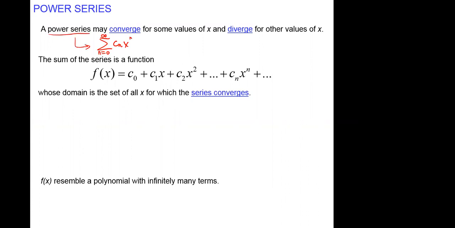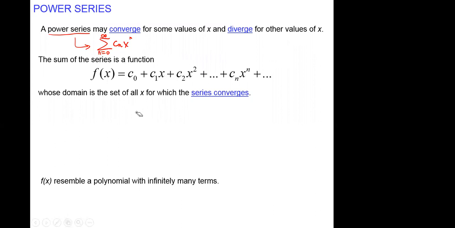But what terminology are we adding? We're adding that we can call this a function, but only if we think of the domain as the set of values that give convergence. All of the values of x that give divergence we're not including, and they will not be part of my function.